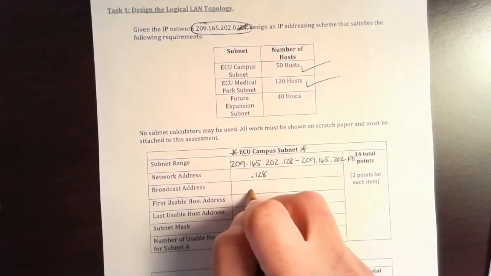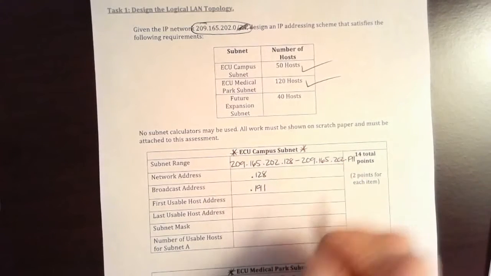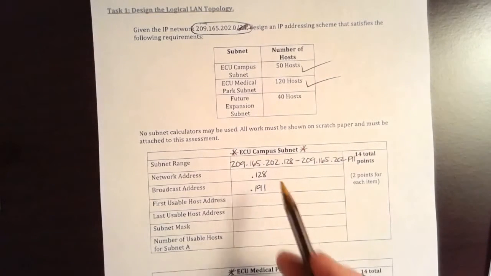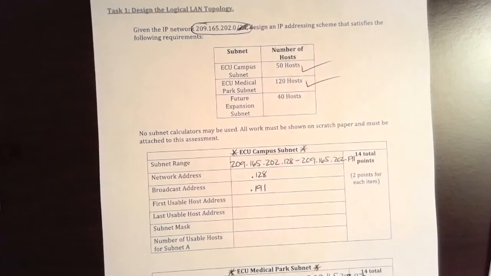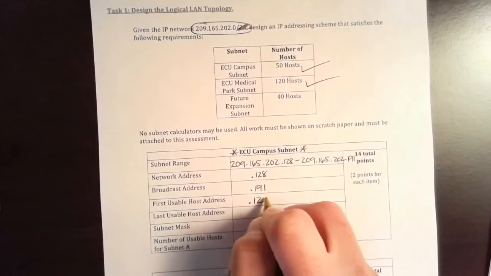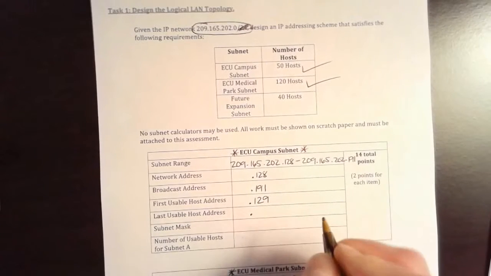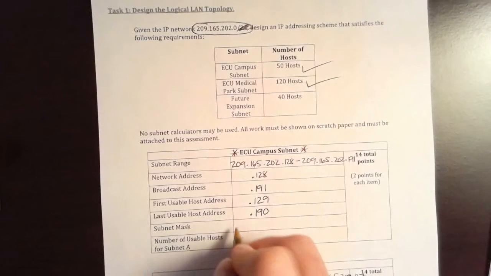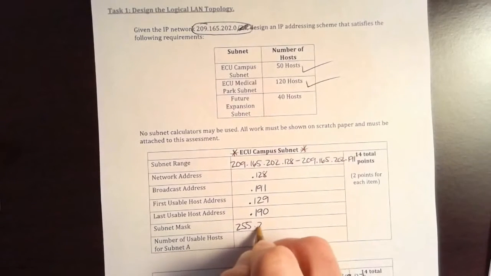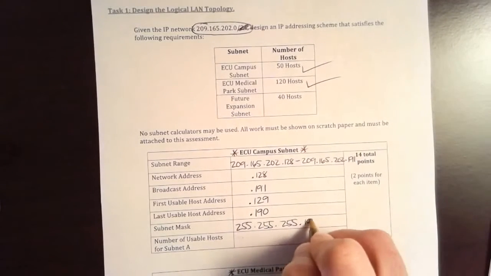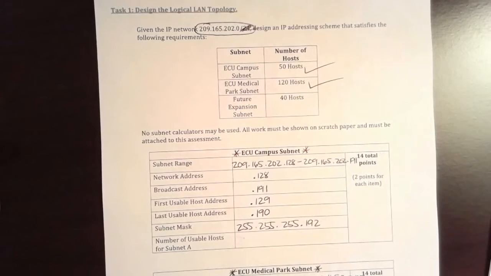My broadcast address is going to be .191, which is that one. Of course, remember the previous stuff up to that, the 209.165.202. Okay, my first usable address here is going to be .129. My last usable address in this particular subnet is .190, and my subnet mask is 255.255.255.192, and the number of usable addresses was 62.